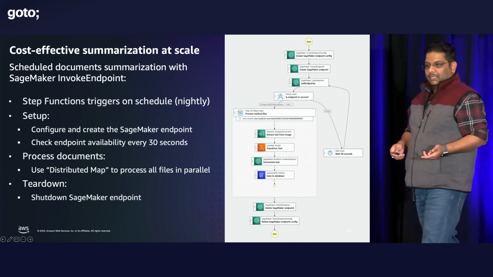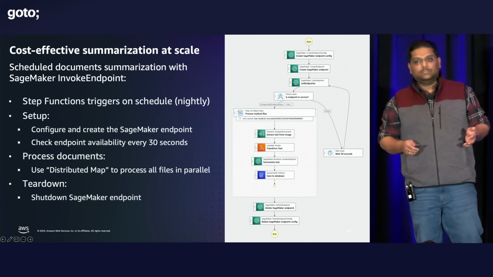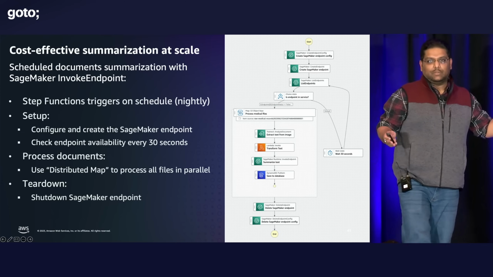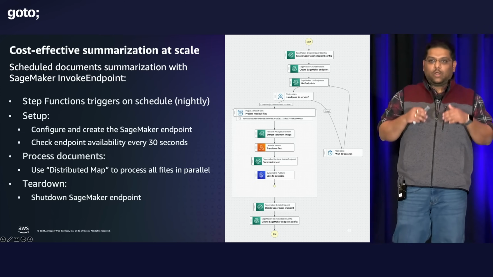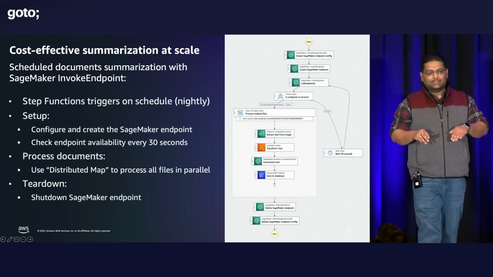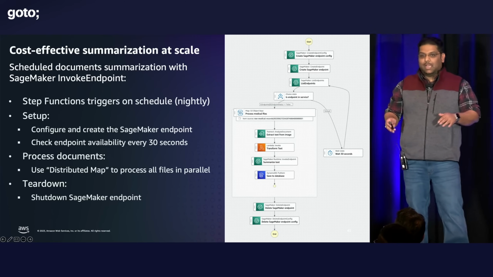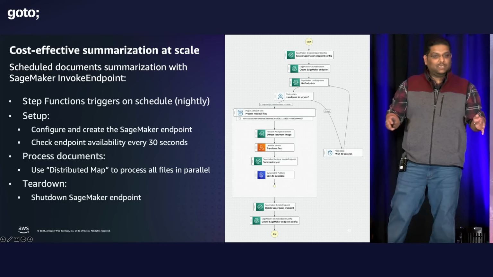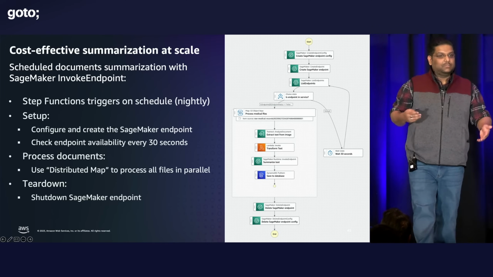In this state machine, I can schedule it to run nightly, and I can gather 5,000 or 100,000 documents. And on demand, I can create a SageMaker endpoint config, create the SageMaker endpoint, and then figure out if the endpoint is available or not. I can poll every 30 seconds or 1 minute.